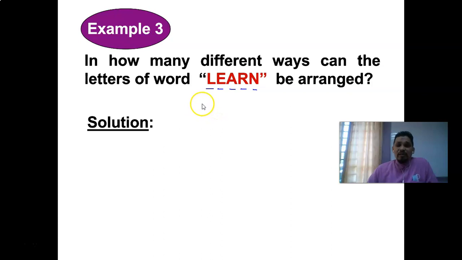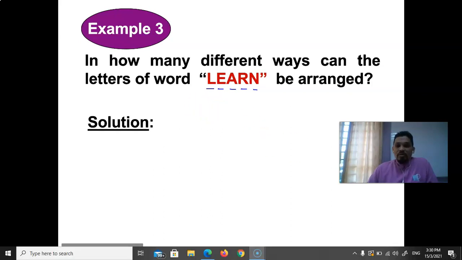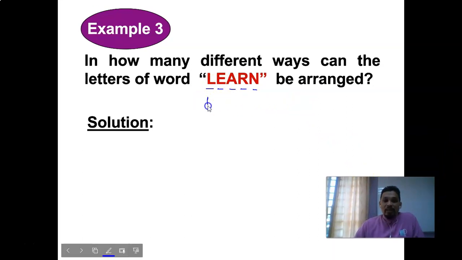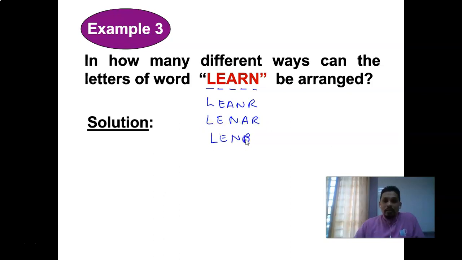Just imagine that if I roughly guess the possible arrangements: L-E-A-N-R, L-E-N-A-R, L-E-N-R-A, L-A-N-E-R, and so on. We need to list down many times because there are many possibilities here.